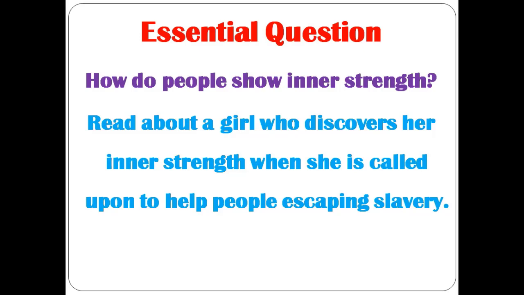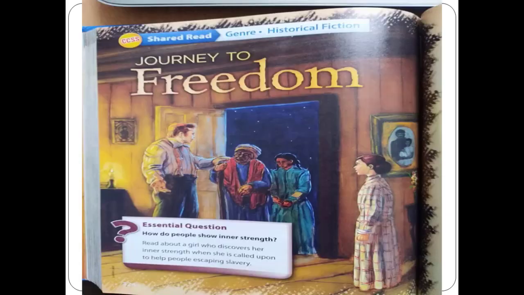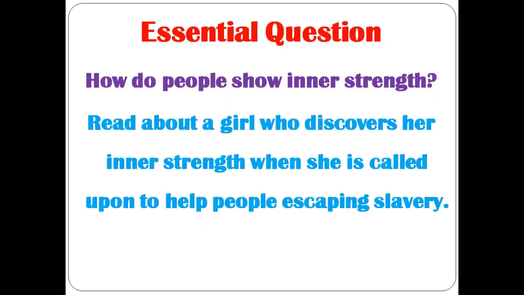So basically this lesson is about a family, including the father and the daughter, who help the slave people to escape.